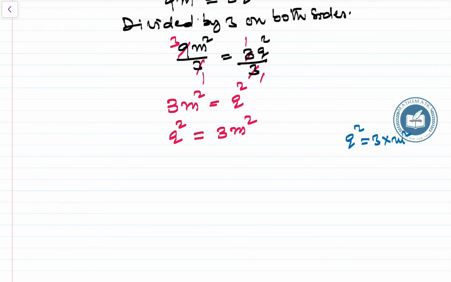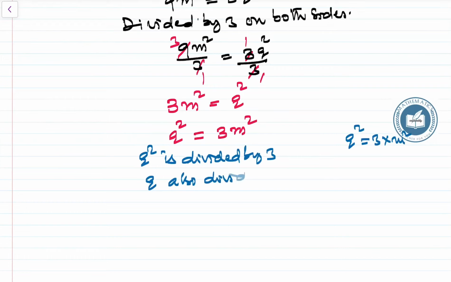It means here q square is divisible by 3. Q square is divisible by 3, so q is also divisible by 3.